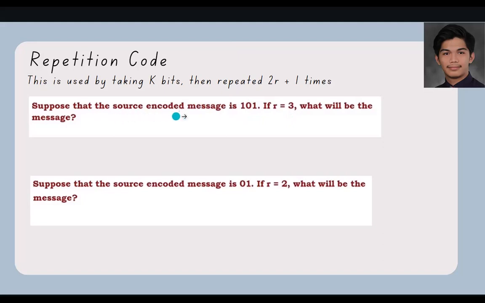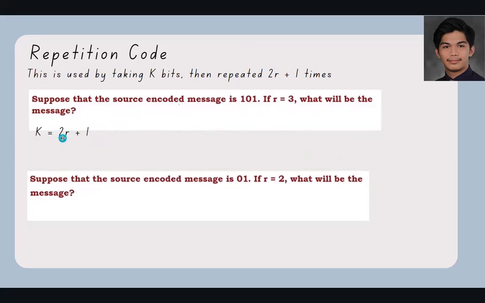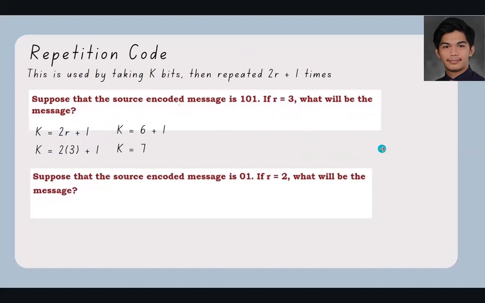Suppose that the source encoded message is 101. If r is equal to 3, what will be the message? In order to use the repetition code, we will first compute k, and the formula is 2r plus 1. Since r is equal to 3, we will insert 3 into this equation and solve for k. As a result, k is equal to 7.